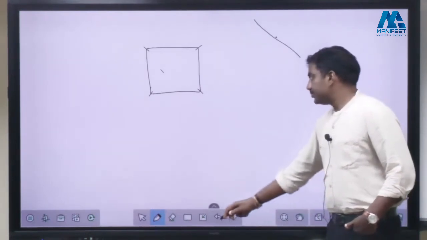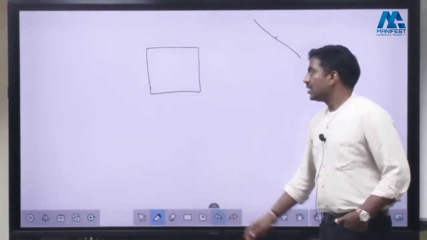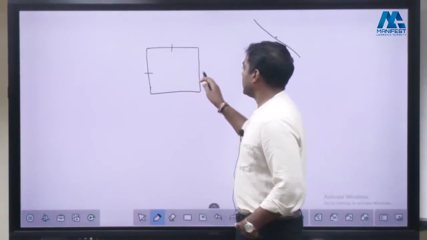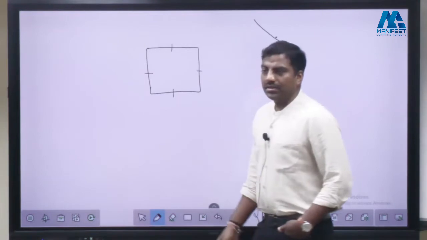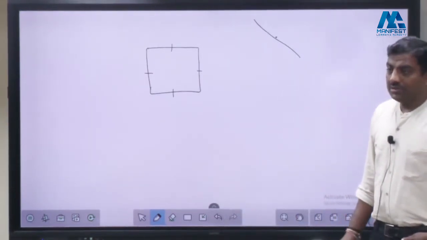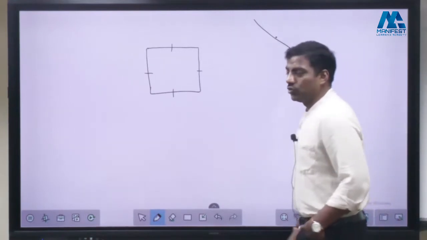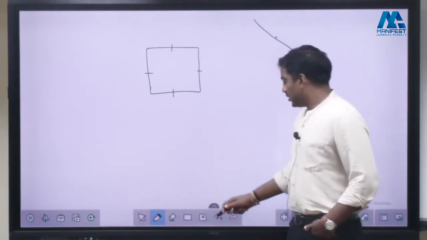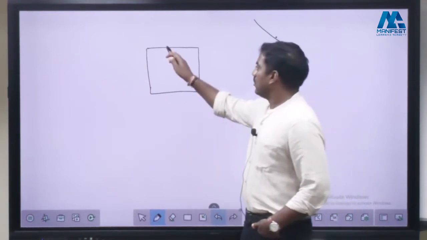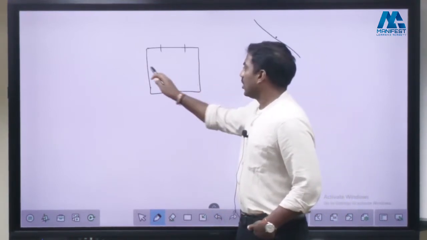If they give one person sitting on each side, this is also pretty easy. There is nothing much to get confused. But the complexity comes when there are two or more people sitting on each side.